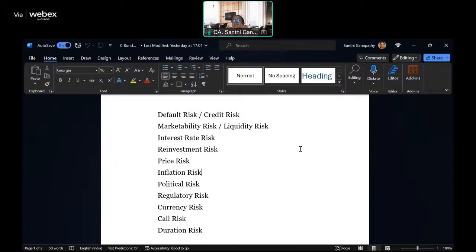They are inversely related, which means if the interest rate goes up, the bond price will come down. So they are subject to two risks. Because of a change in interest rate, the bond investor faces two risks. What are they? They are reinvestment risk and price risk.